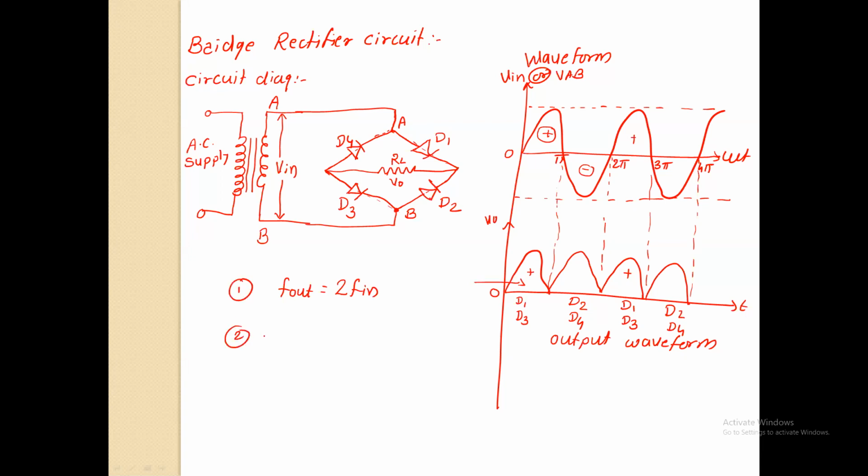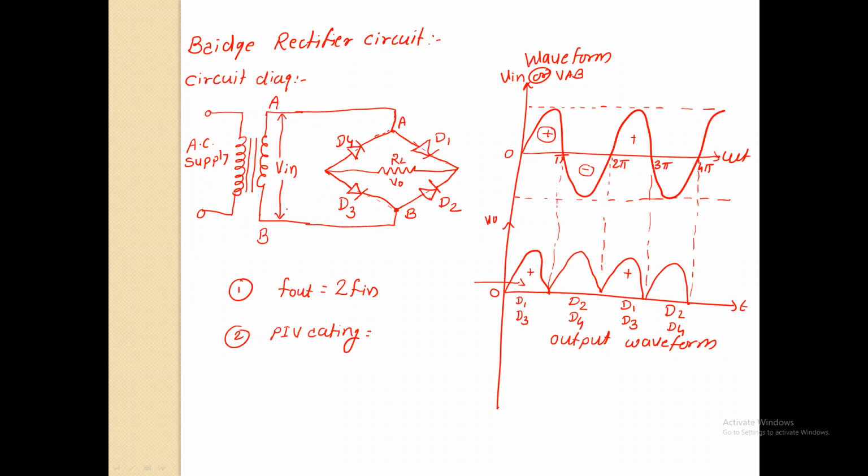And the second point is, what is the PIV rating? This is a very important thing. But as you know the difference between the center tap and the bridge rectifier circuit, in the center tap rectifier circuit, a center tap transformer is required. That's why the PIV rating is twice VM.